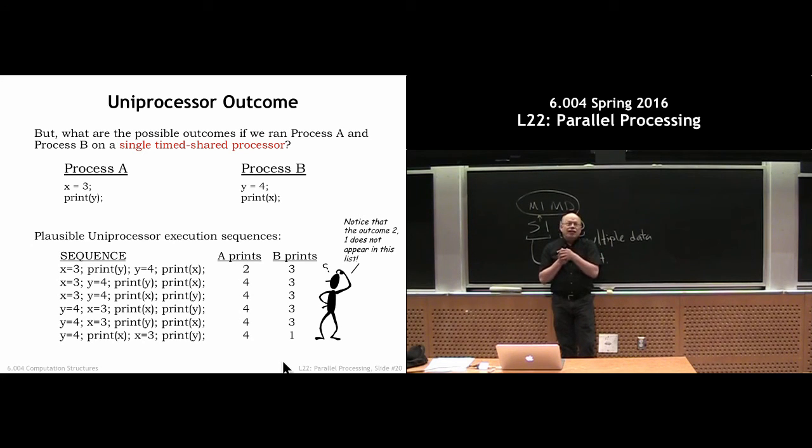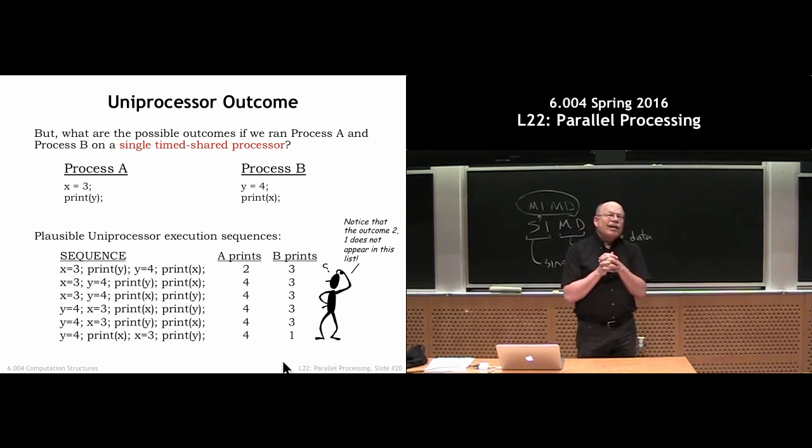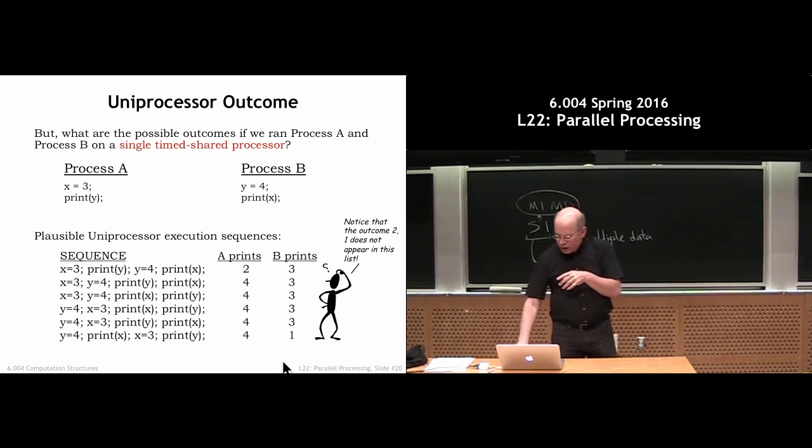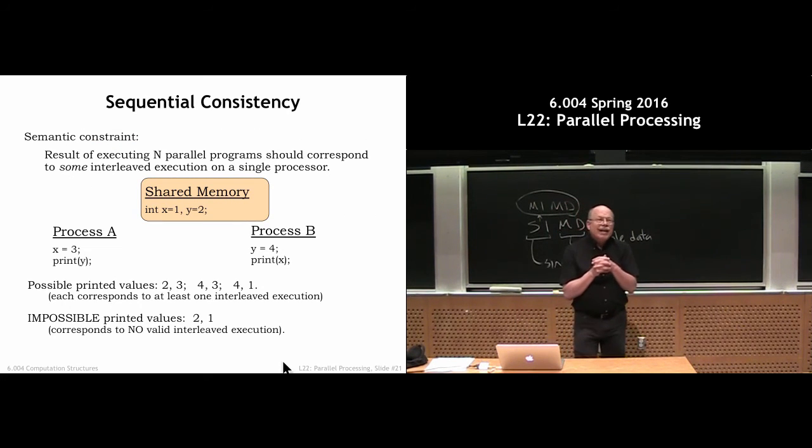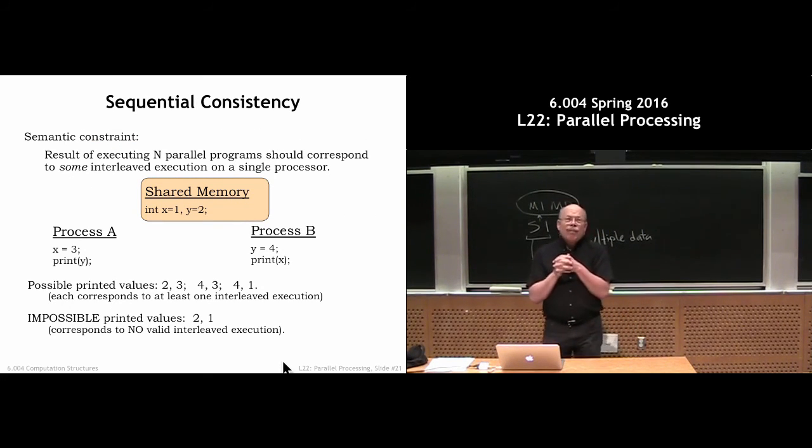Right, so this is basically arguing that you serialize it. There are many different ways to serialize it, and you pick one of those serializations. This is so-called sequential consistency. That's the name for this particular semantics, where an outcome is only legal if it corresponds to some sequential execution of the program.